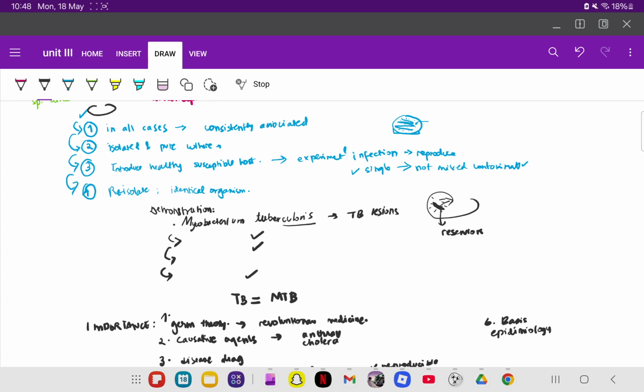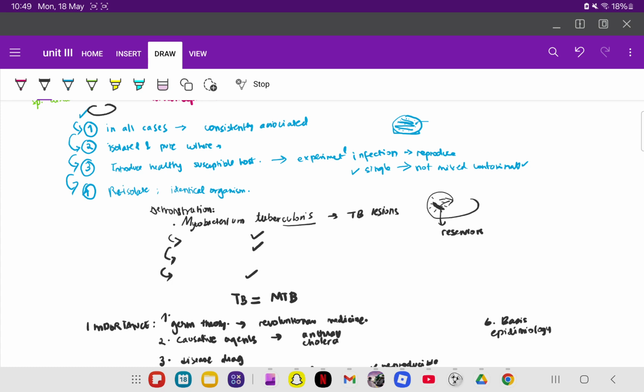Basically, this emphasizes the fact that a pathogen is consistently associated with hosts of a particular disease, right? And this goes on to imply that it will be absent from non-diseased individuals.